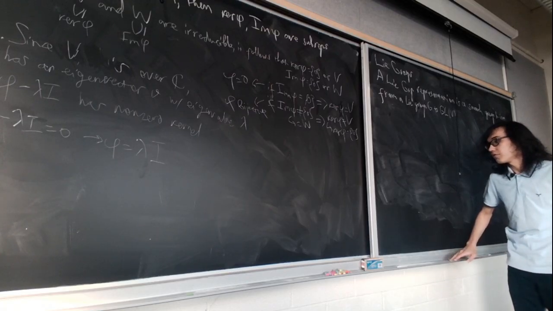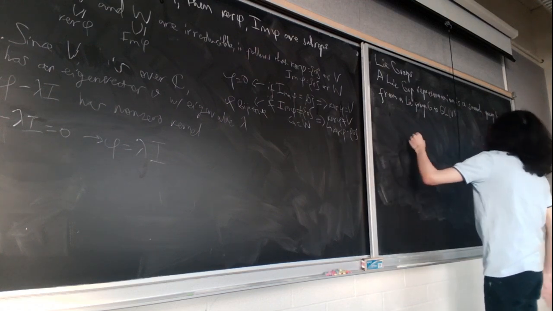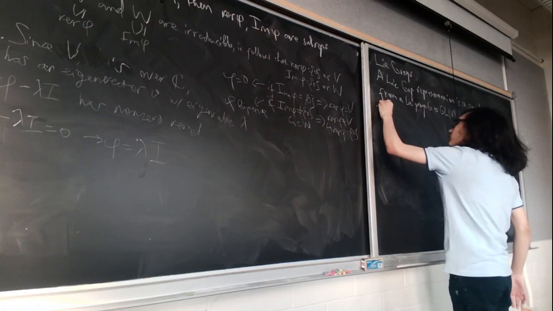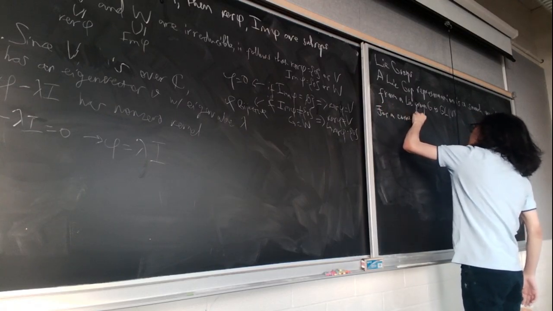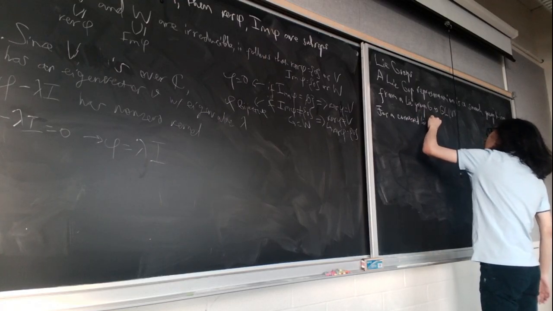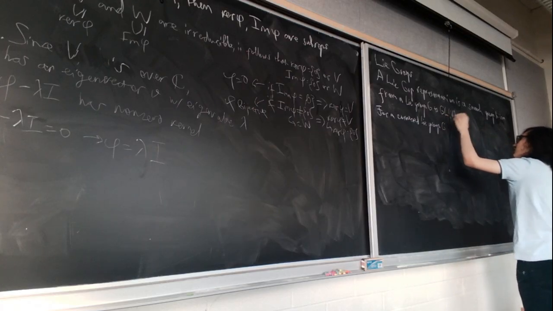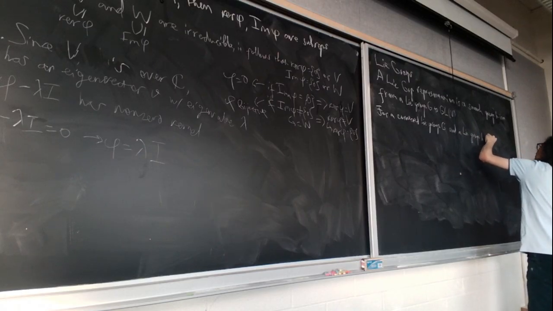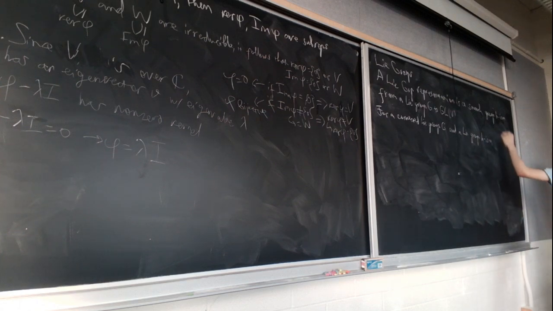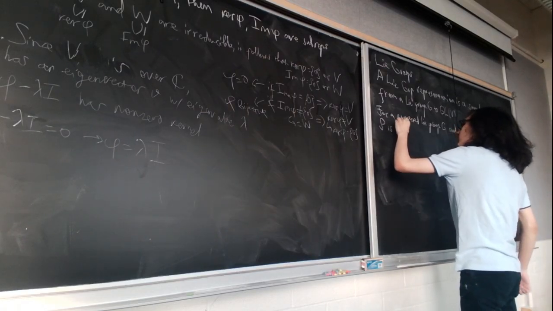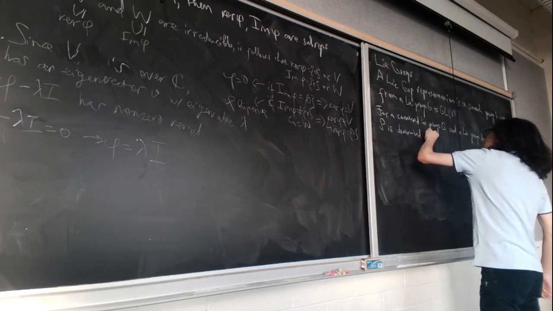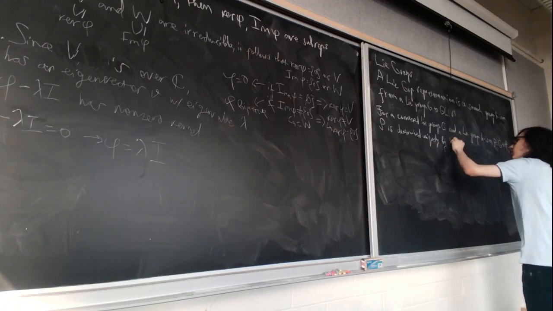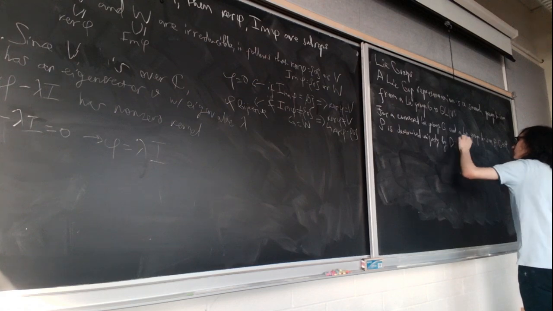If your homomorphism is nice enough, so if I have a connected Lie group G and a Lie group homomorphism, which is just a smooth group homomorphism, rho from G to H, which is some other Lie group, then rho is determined uniquely by d rho at the identity.